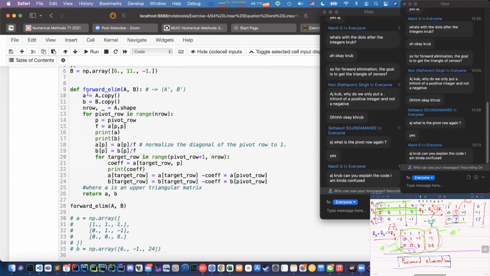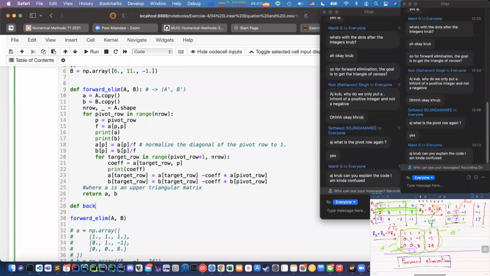For those of you who are done with the forward elimination, do the other one, the backward substitution, then put them back together and try to get it to solve a 10 by 10 matrix or 100 by 100.